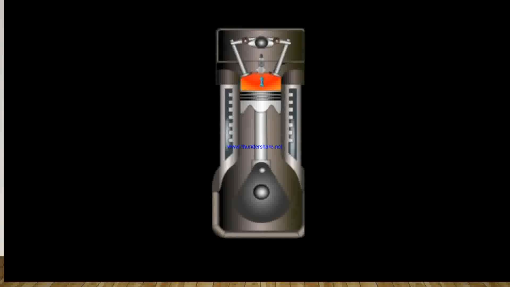Moving on to the second stroke, known as the compression stroke, the piston moves towards the top dead center. Here we see the piston move towards top dead center, and it presses the enclosed air-fuel mixture drawn into the engine cylinder during the suction stroke.